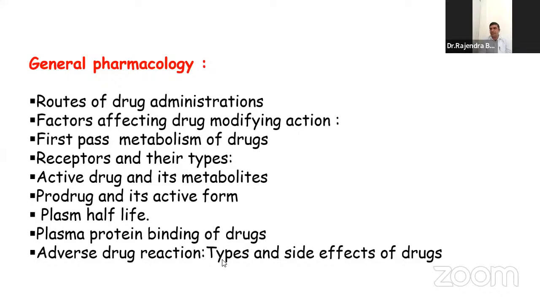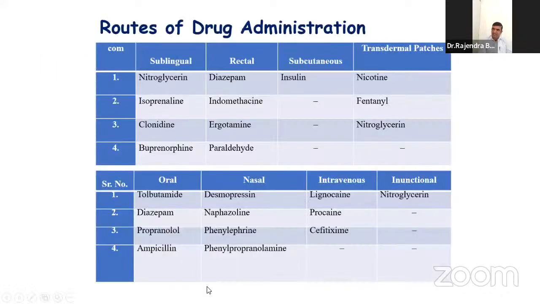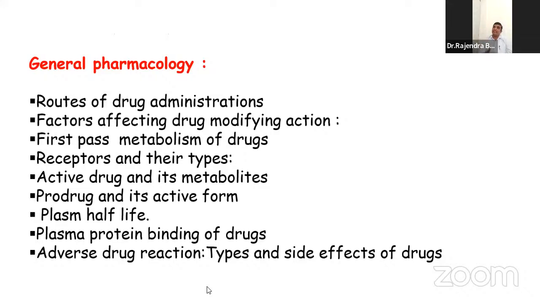Next is the T type. Which drugs particularly block the T type of calcium channel? T stands for transient. I think you have studied the antiepileptics, the anticonvulsants. The T type of calcium channel is blocked by anticonvulsant drugs.